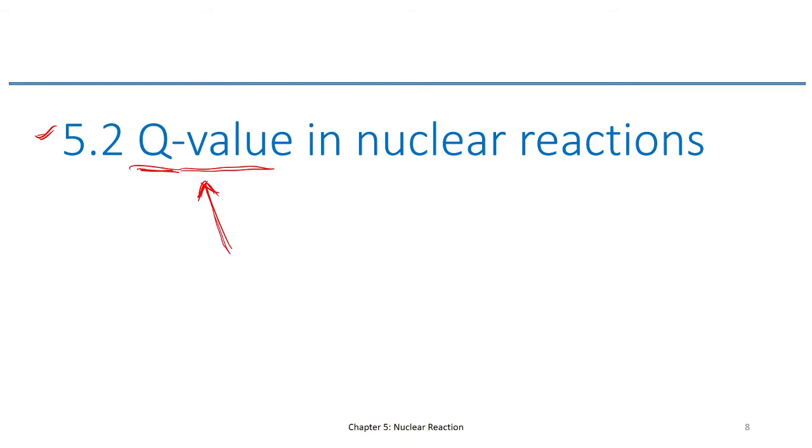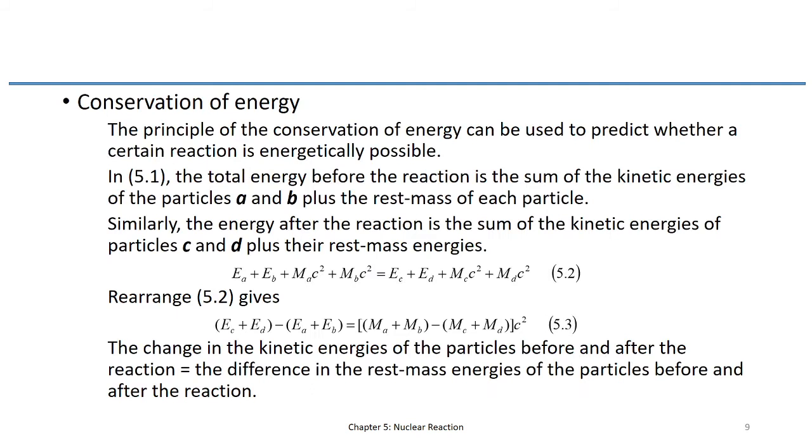So in nuclear reaction, we use the same term Q value, which is the energy that we can get in any nuclear reaction. To derive the Q value, like in radioactivity, we have to consider the conservation of energy before the reaction and after the reaction.